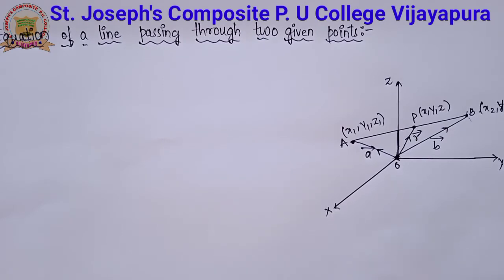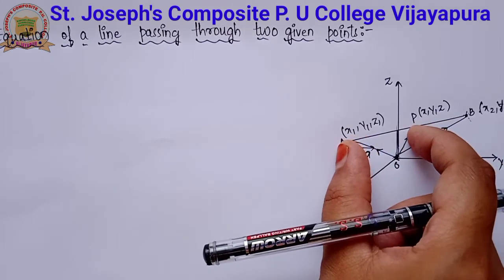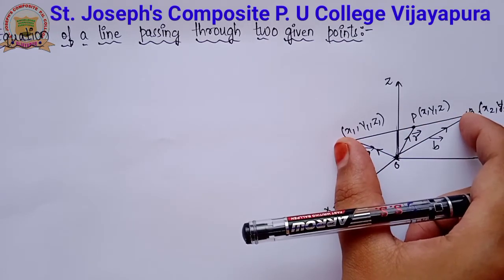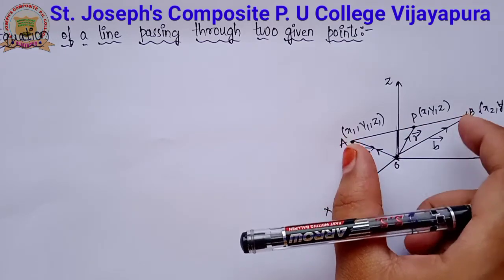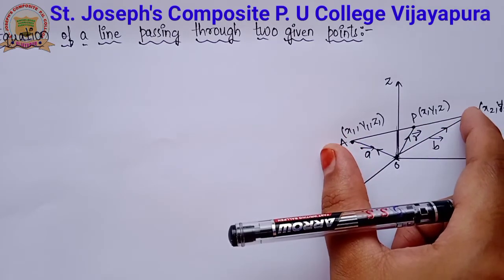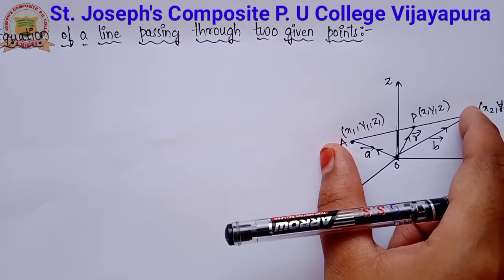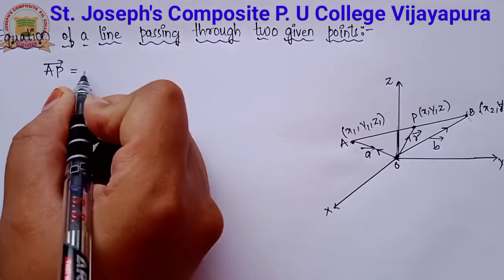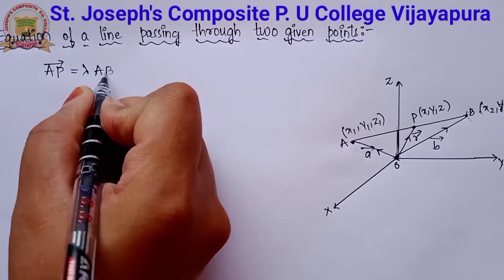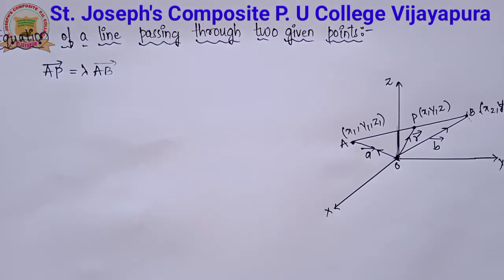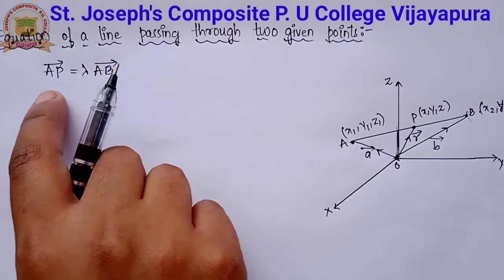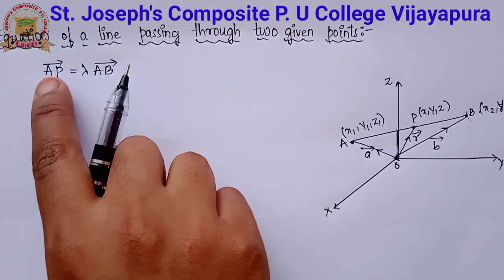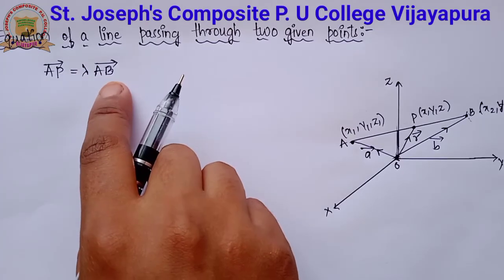Here we see that the vector AP and the vector AB both are collinear. So therefore we can write vector AP equals lambda vector AB, because both of them are collinear.